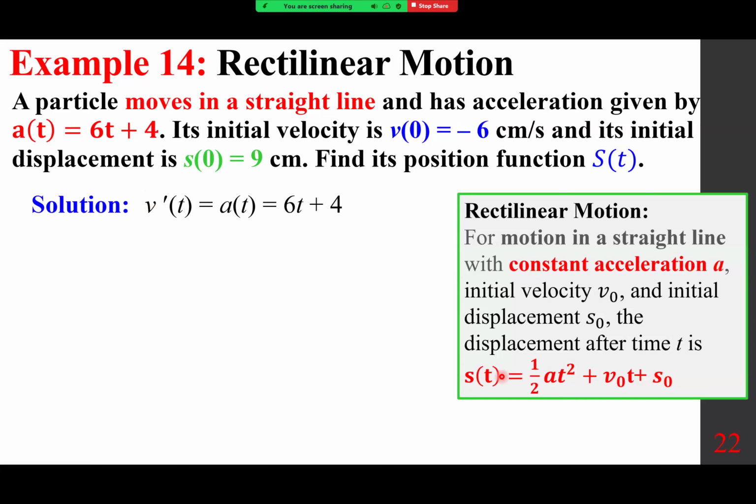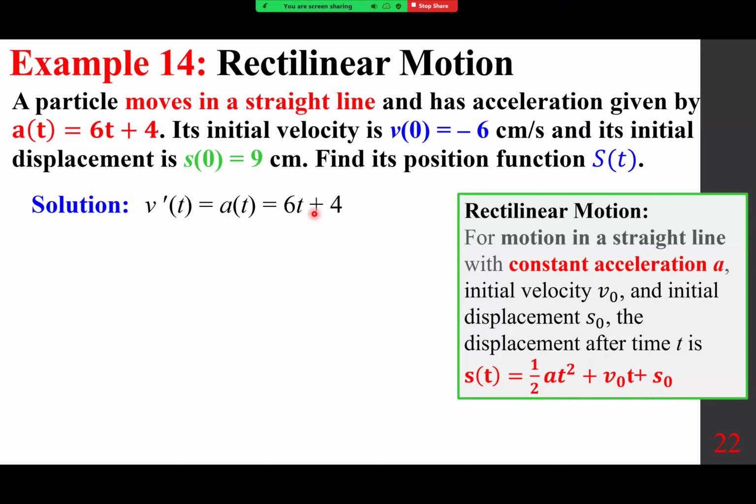If you differentiate s, you get the velocity function. If you differentiate it again, you get the acceleration function. Half of a is the acceleration. v sub 0 represents the initial value of the velocity, s sub 0 represents the initial value of the displacement or the position. And so we are going to integrate this.